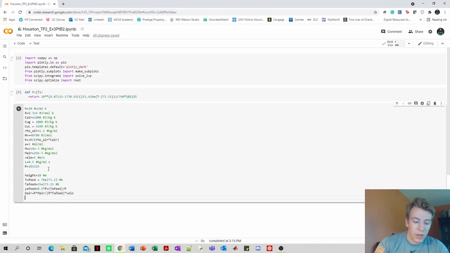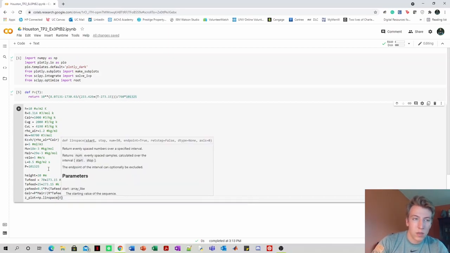And then one other thing we want to do, I'll just describe as I'm typing this out. So z underscore plot, which is returning, I need to finish typing this all out first before I explain it, is equal to np.linspace from 0 to the height.